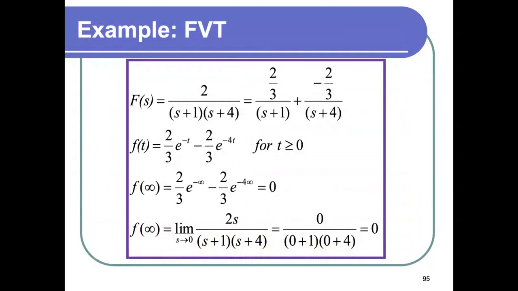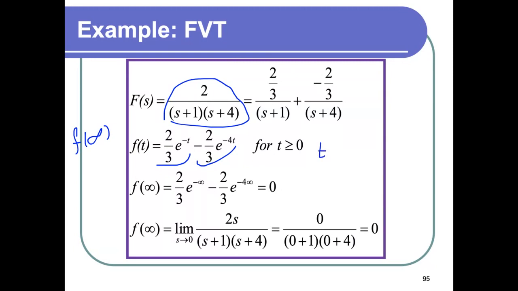Here are some examples. So I have the function F of s. Now you can find f evaluated at infinity in two ways. One way is to find the inverse Laplace transform. So you use partial fractions, and we have f of t being equal to 2/3 e^(-t) minus 2/3 e^(-4t).